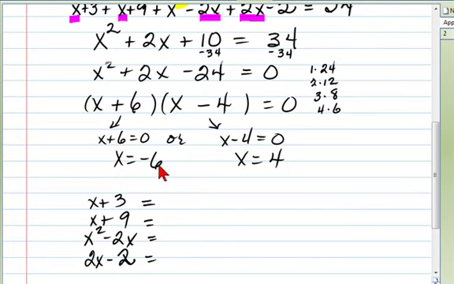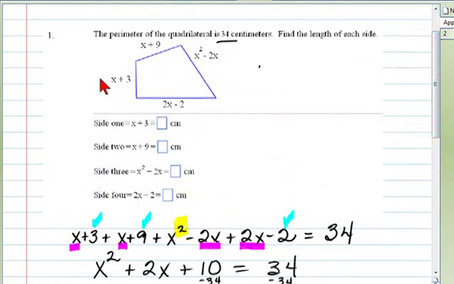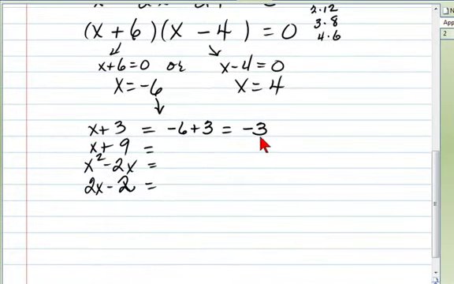If I start to plug in negative 6, I will get negative 6 plus 3, which is negative 3. Now, I'm going to say, whoa, because what does x plus 3 represent? Isn't it a side of this figure? Can a side of a geometric figure have a negative length?